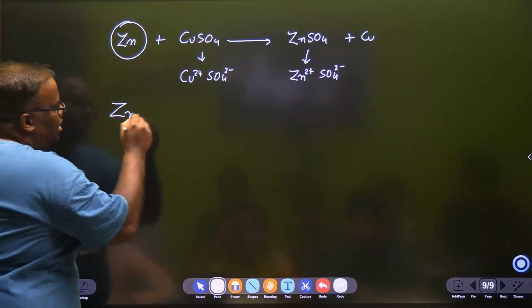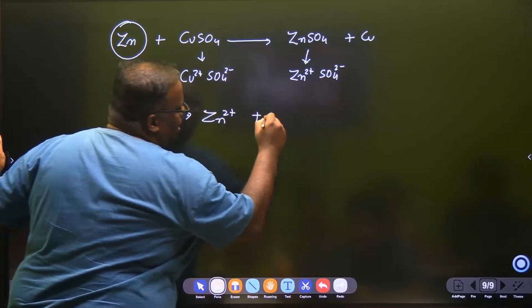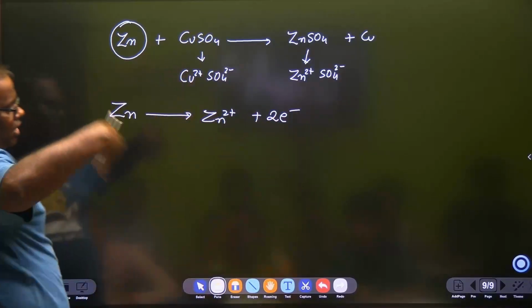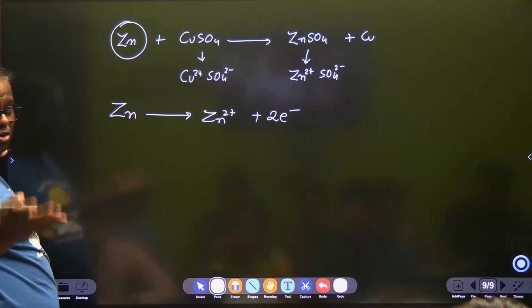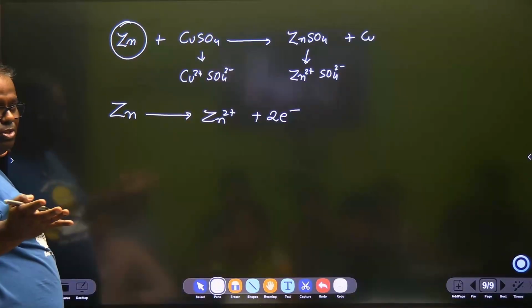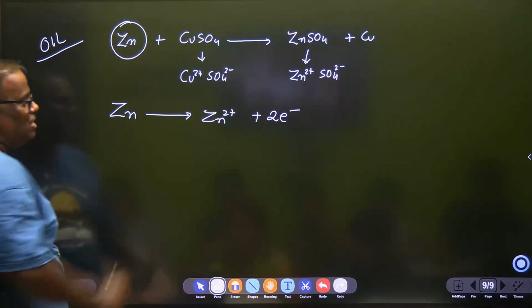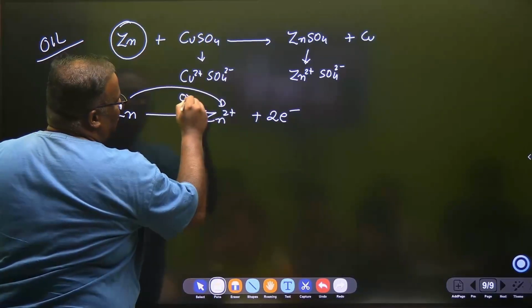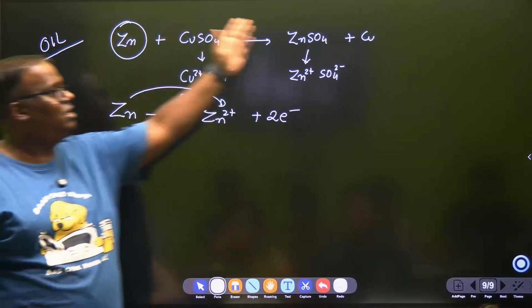Zinc can become zinc 2 plus only if it loses 2 electrons. Zinc is losing electrons. Loss of electrons. Oxidation. We also studied that zinc got oxidized.